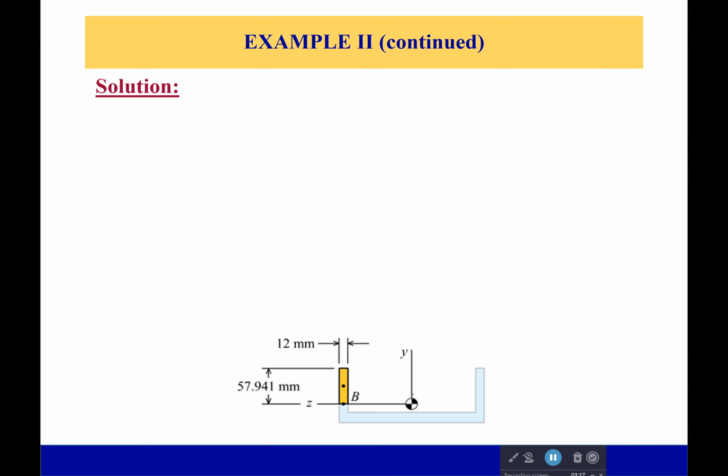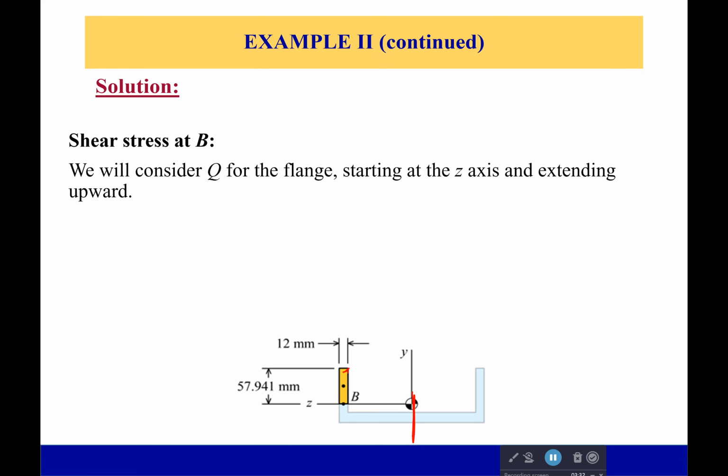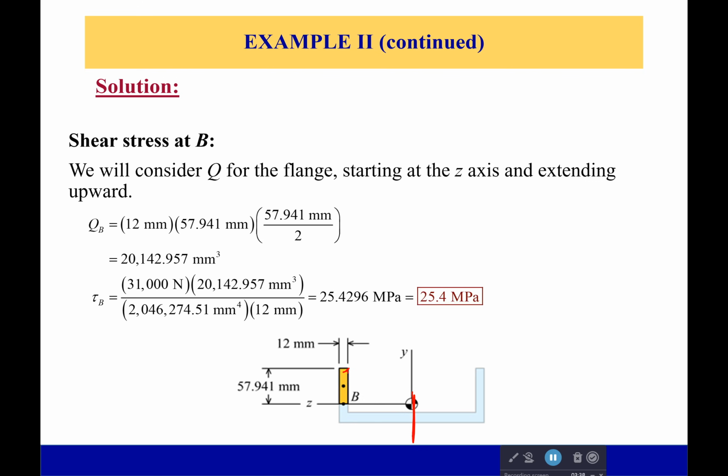Now you could have started from the center if you want to. You can do that, but you don't have to. So instead, you're going to start from this point right here. We're going to start at that z-axis and then extend upward. Luckily for us, point B is right on that centroid line.